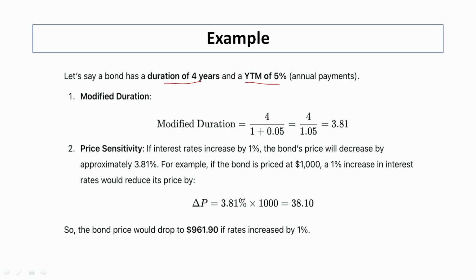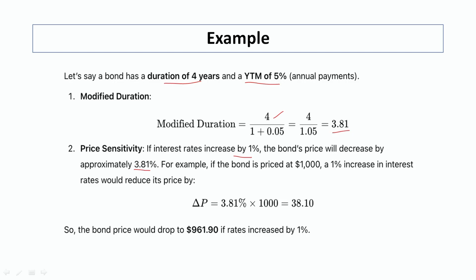So, modified duration is 4 years divided by 1 plus 0.05, because YTM is 5%, and we get 3.81 as a duration period, which is approximately measured in percentage. So, if there is a 1% increase in interest rate, the bond price will decrease by 3.81.